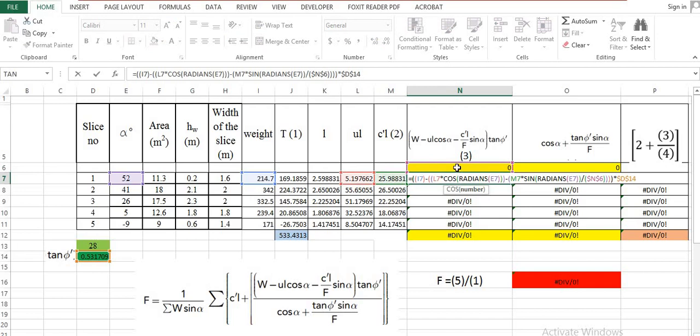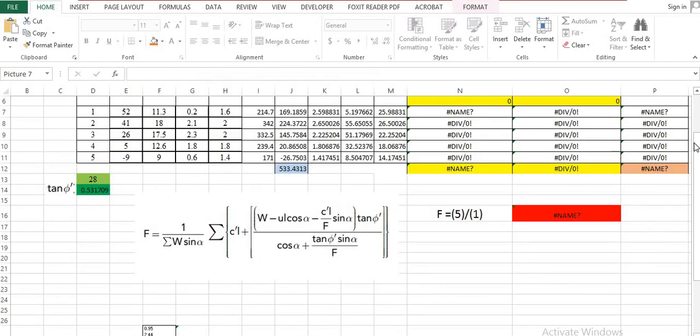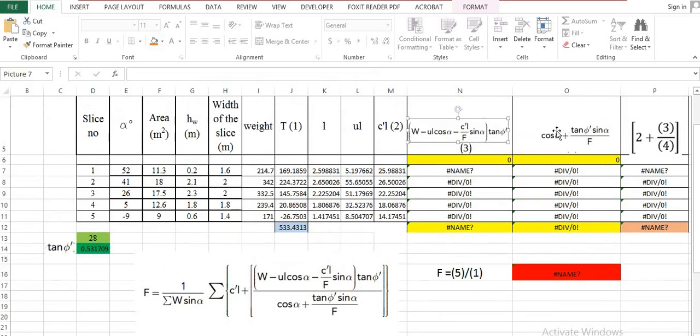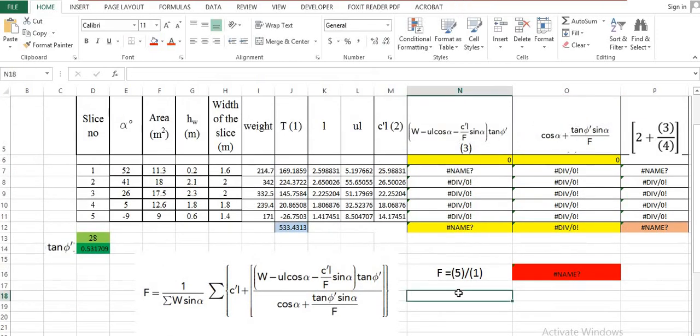So N6 is this cell. So I'm going to put my F value here. So this will be the same F value, right?